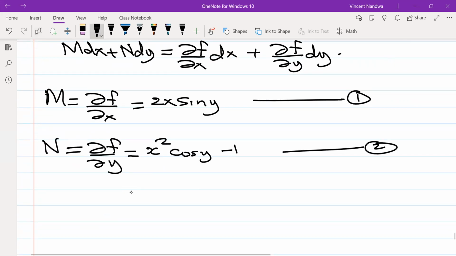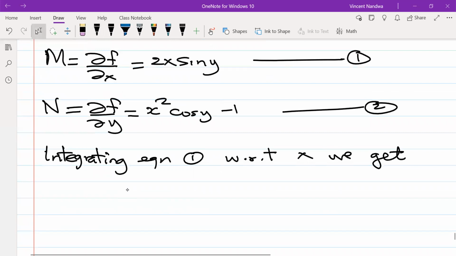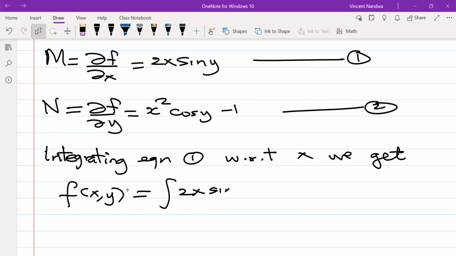So integrating equation 1 with respect to x we get, remember, when you integrate the left-hand side, I get the function itself. So I'll have f of x, y is the integral of 2x sine y dx.